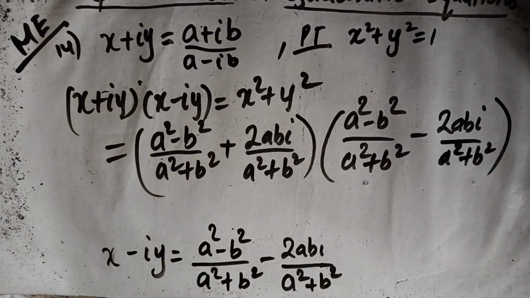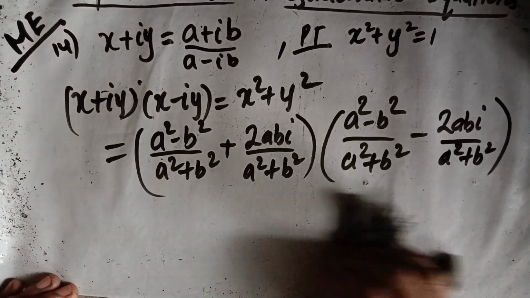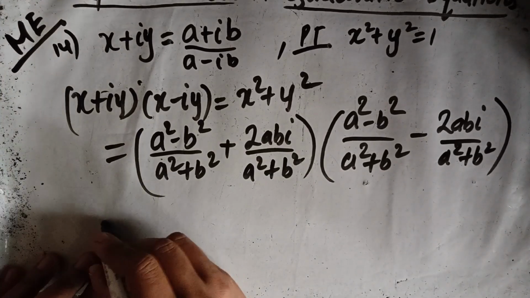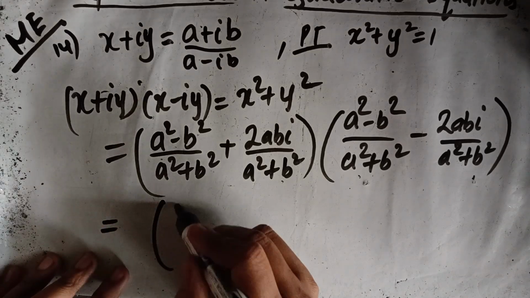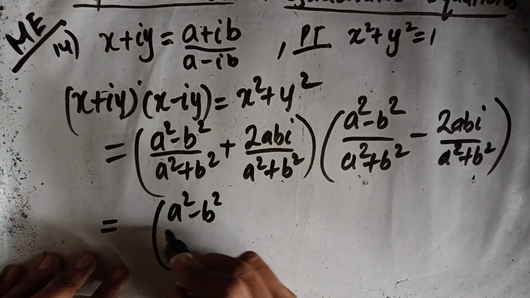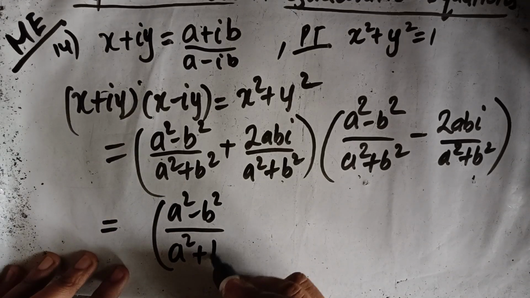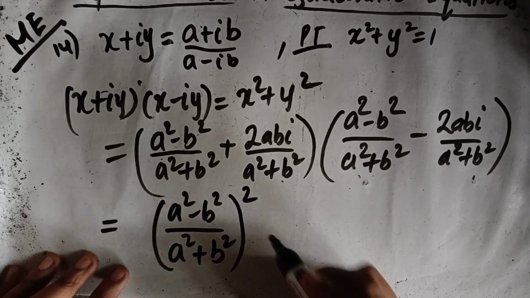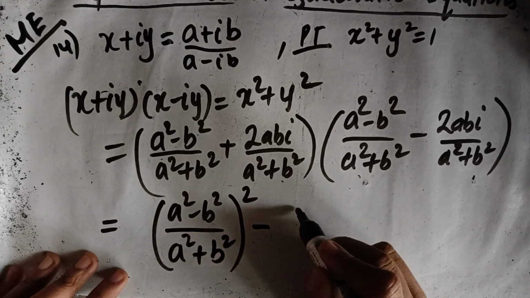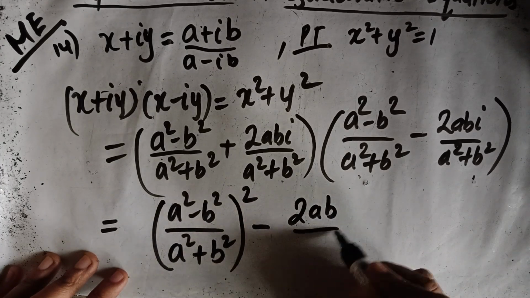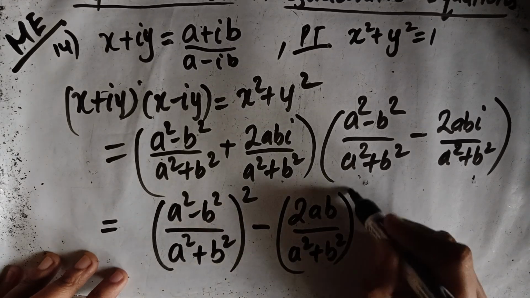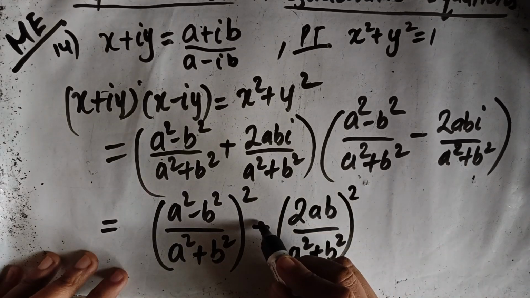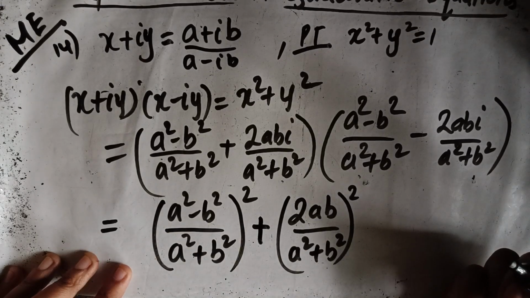Now this is of the form (a plus b)(a minus b), so a square minus b square. A square is (a square minus b square) the whole square, and minus (2abi) square, i square, so it will be plus 1.